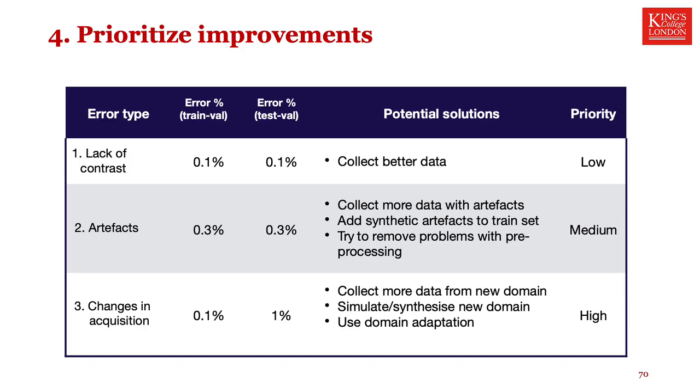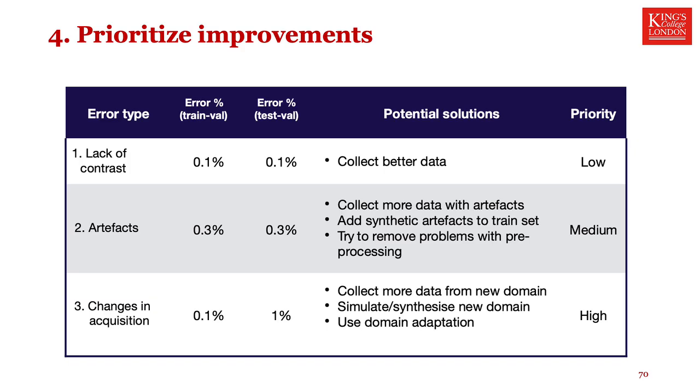You should simulate or synthesize the new domain if possible, and also use domain adaptation techniques. And that's because we're looking at a test val error of around 1%, and it's something that is very well understood, such as changes in acquisition. And there are techniques that can compensate for that.